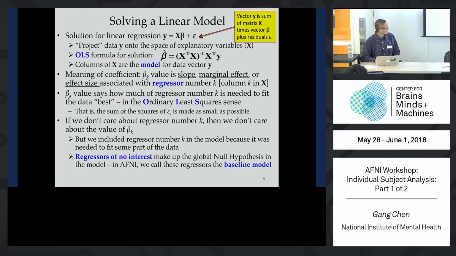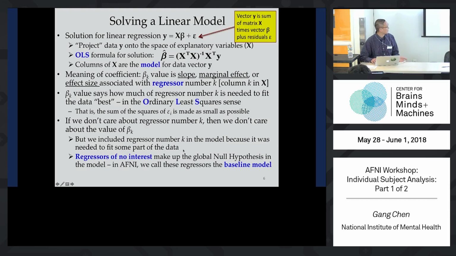That's why it's called ordinary least squares. Squares, because the residuals are not just added up; we need to square them. Why do we need to square them? Because some are positive and some are negative. Least means it's an optimization, which minimizes the sum of the squares.